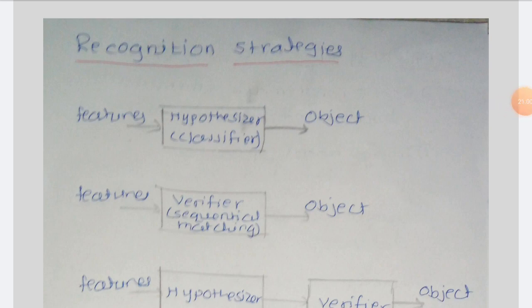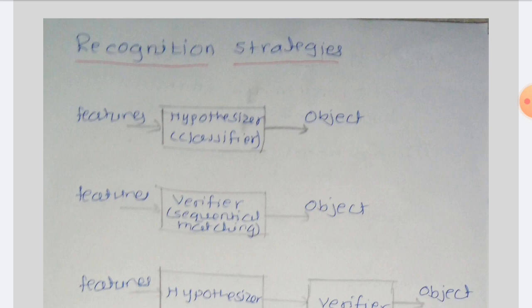Recognition strategies. Object recognition is a sequence of steps that must be performed after appropriate features have been detected. Not all object recognition techniques require strong hypothesis and verification steps. Most recognition strategies have evolved to combine these two steps in varying amounts.